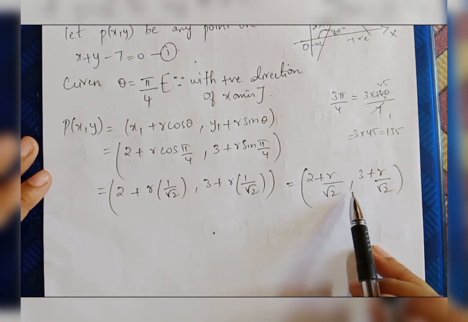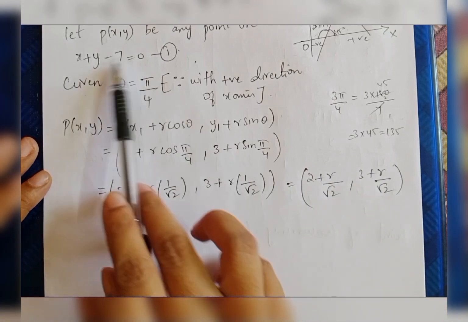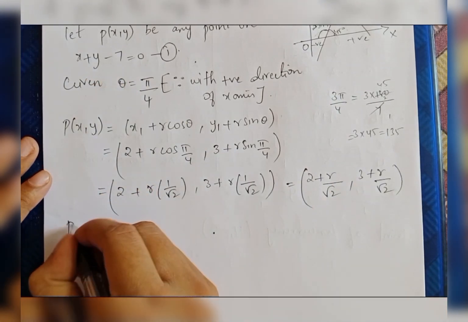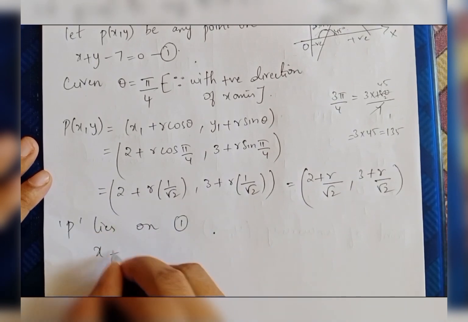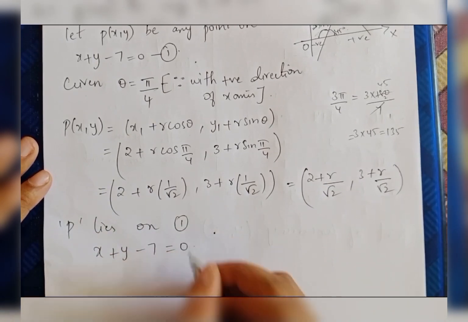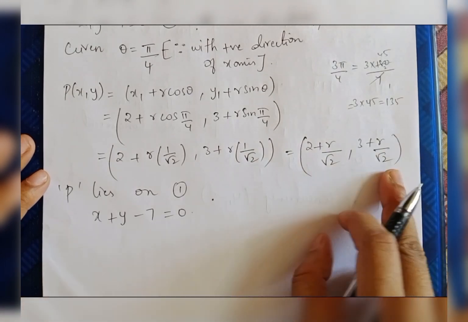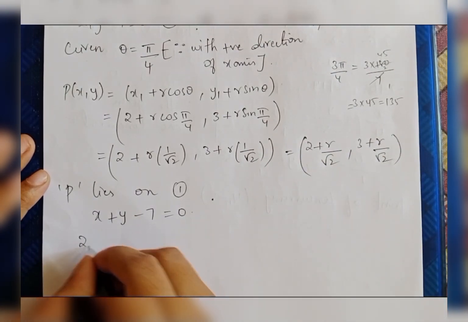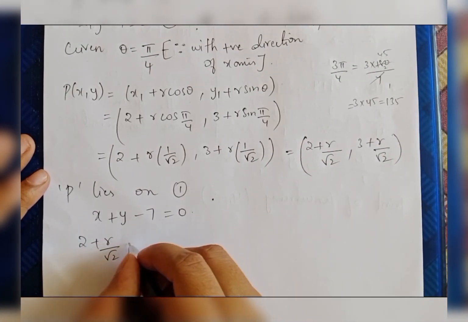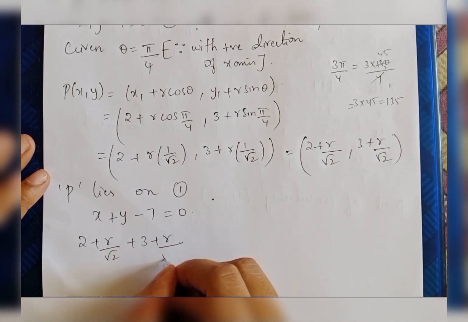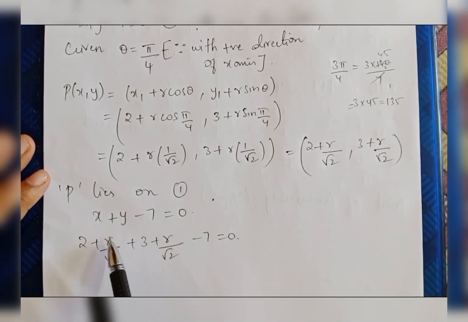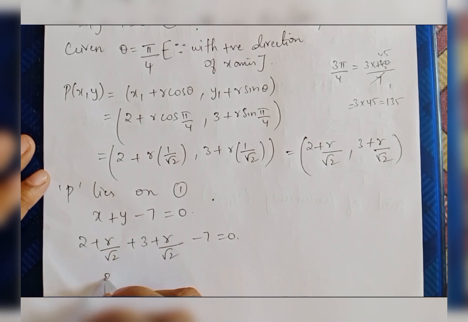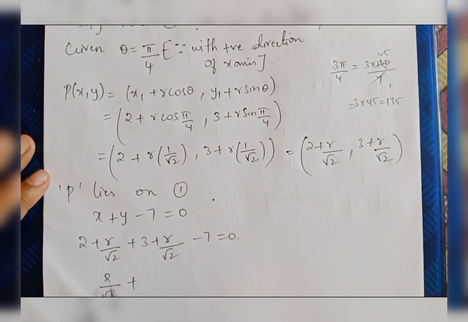This P lies on line 1, which is x plus y minus 7 equal to 0. Substitute x and y in this equation: 2 plus r by root 2 plus 3 plus r by root 2 minus 7 equal to 0. So 2r by root 2 plus 5 minus 7 equal to 0.